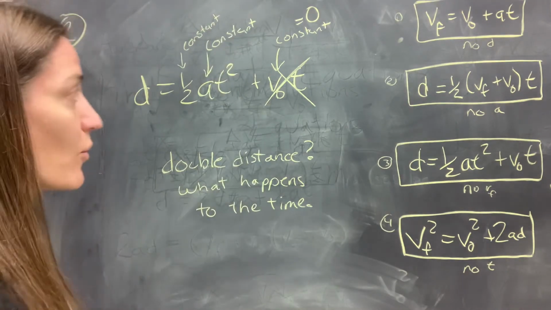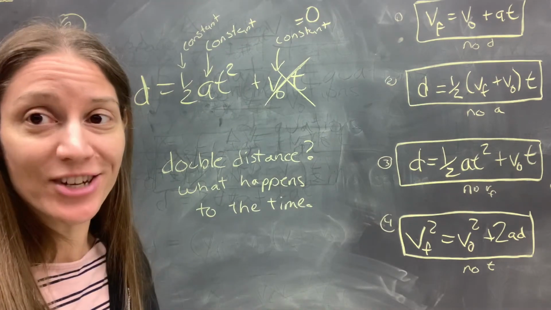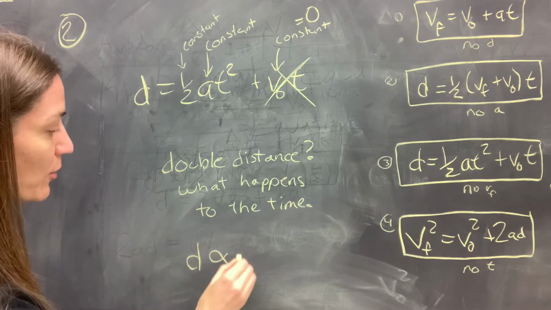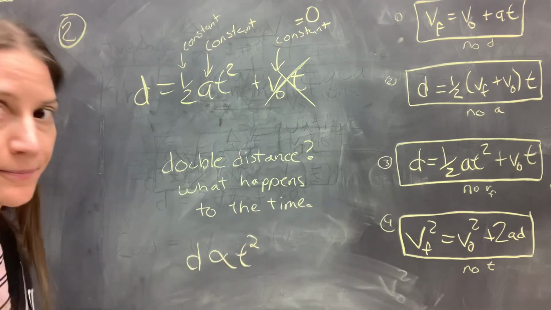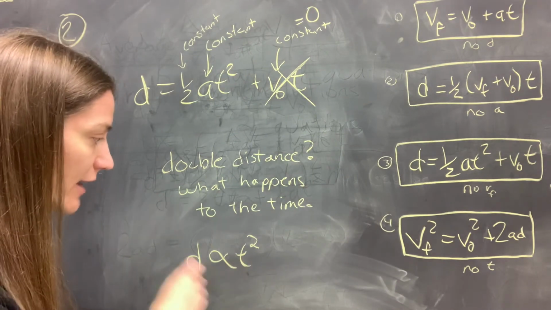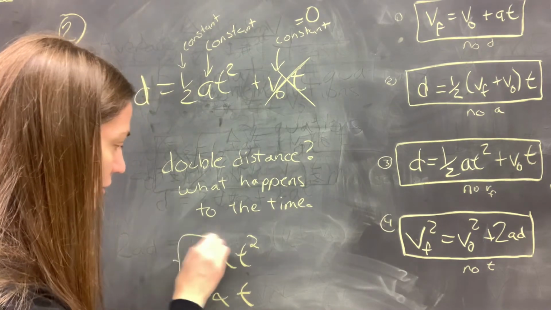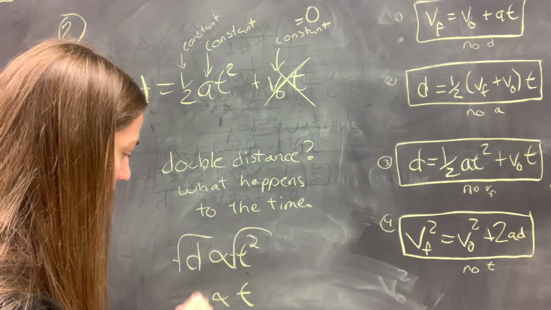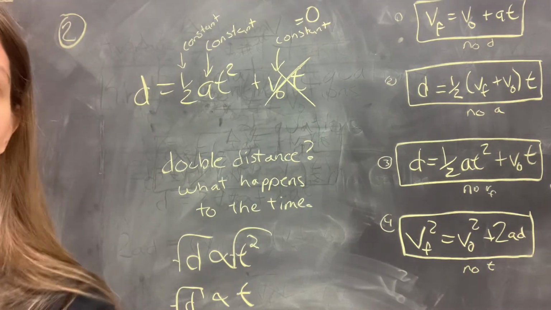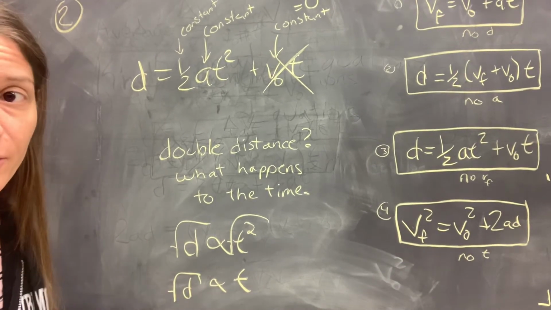And if those numbers are 1, then I don't have to pay any attention to them, because when you multiply by 1, it doesn't change anything. And so what I can do then is say distance is proportional to time squared, okay? And if I'm looking at what happens to the time, all I have to do is solve this for time by taking the square root of both sides. So time is proportional to the square root of distance, okay?